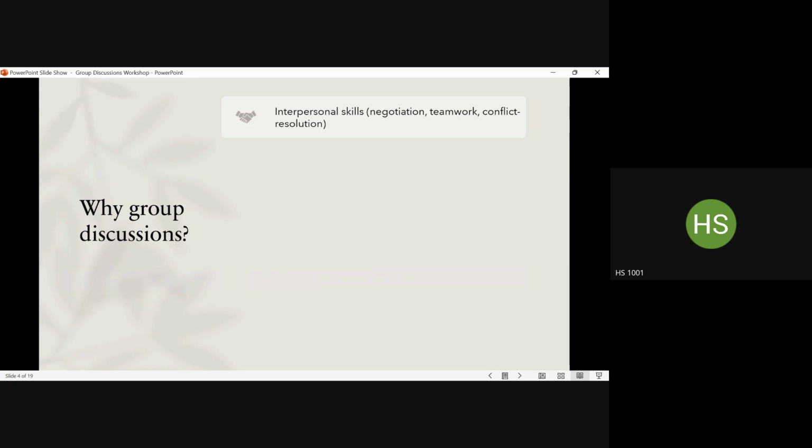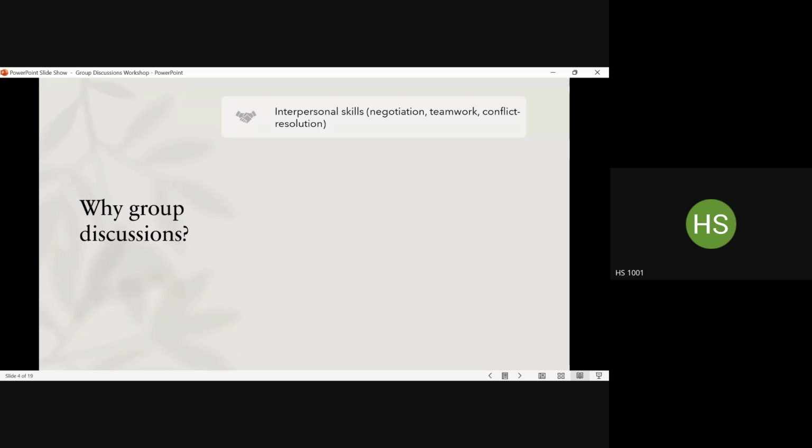Teamwork is an interpersonal skill. Conflict resolution. There is an acute disagreement between two teammates, let's say. You cannot move forward unless you resolve that conflict. In that case, conflict resolution is also an interpersonal skill.